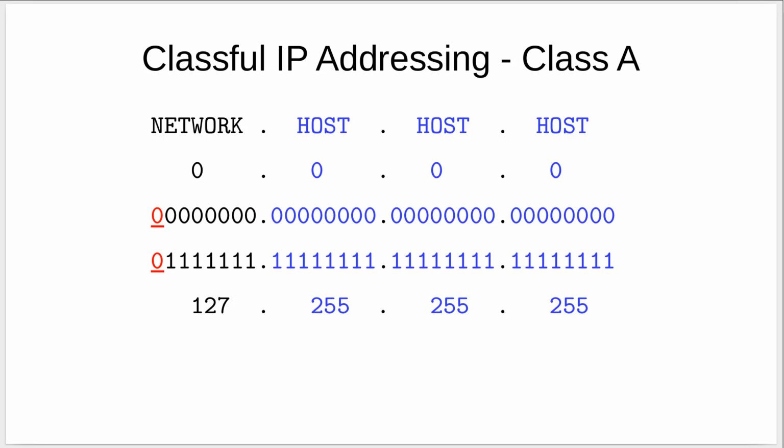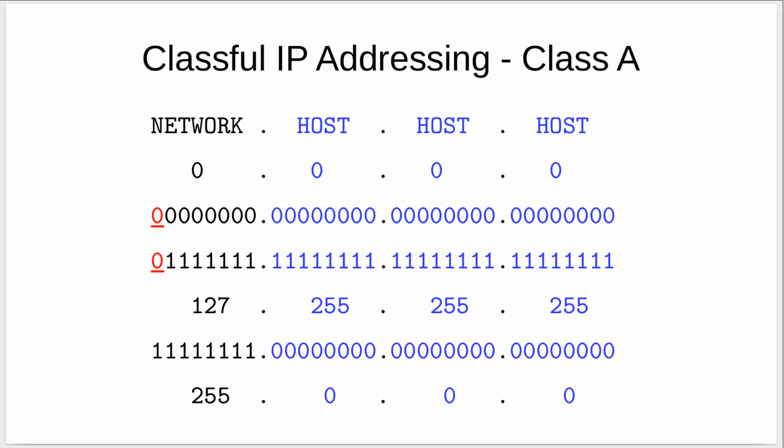Well, if we're dealing with a Class A IP address, all we need to realise is 1. The first bit in binary is going to be a 0. 2. The first octet is network, the remaining 3 octets are host. And to generate the default subnet mask, we simply set all the bits to 1 in the first octet, because 1s represent networks, and all the bits to 0 in the remaining 3 octets, because the 0s represent the host octets.